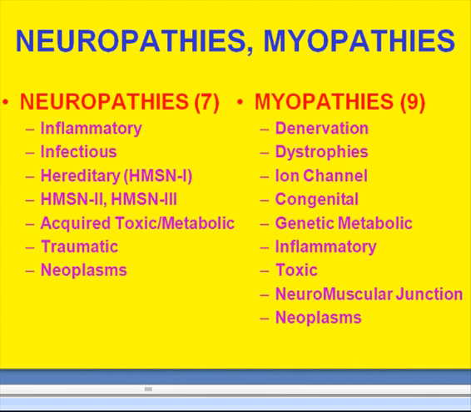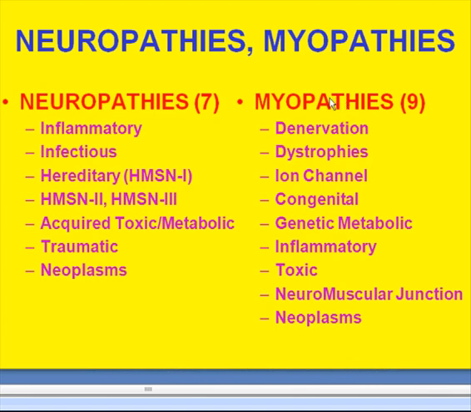But let's get going. The classical inflammatory type of neuropathy is Guillain-Barré syndrome. Guillain-Barré syndrome is still an obscure disease. We don't know what causes it. Nothing can be cultured from it.